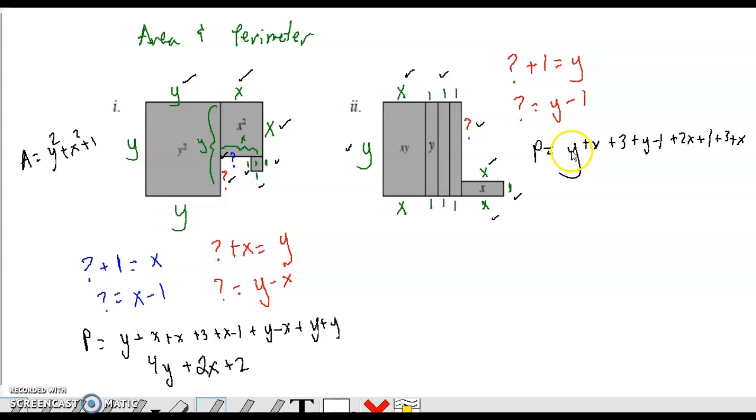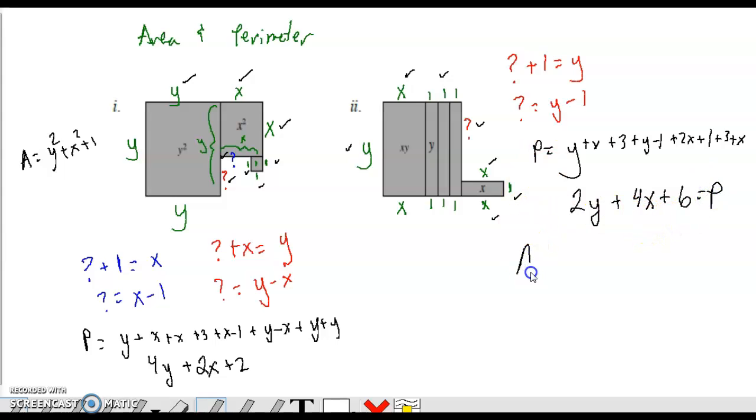So how many y's do I have? I have 2 y's. I have 1, 2, 3, 4 x's, so 4x. And then 3 minus 1 is 2. 2 plus 1 is 3. 3 plus 3 gives me 6. So that is my perimeter.